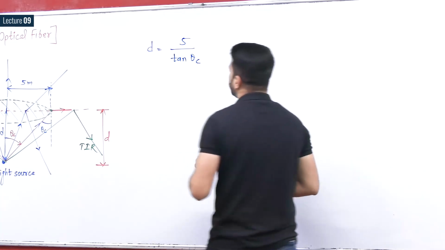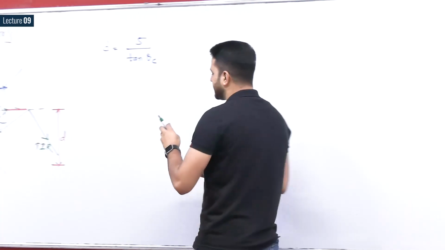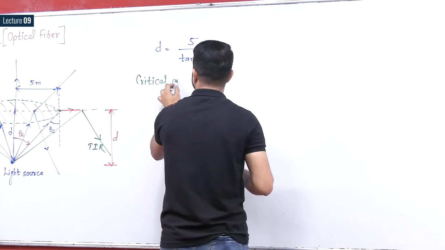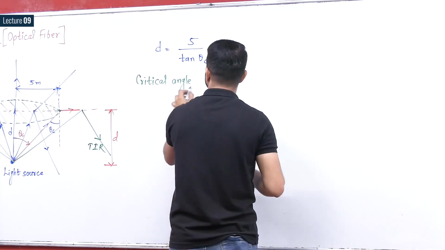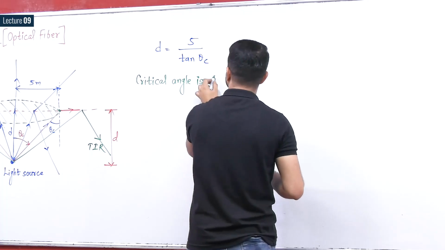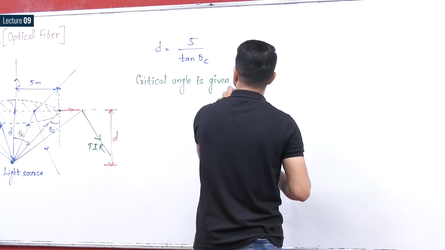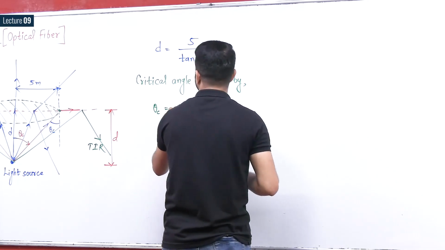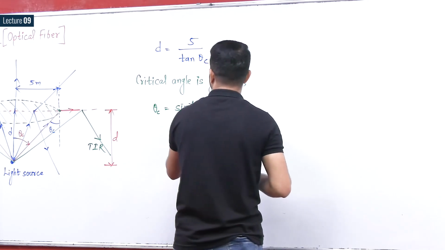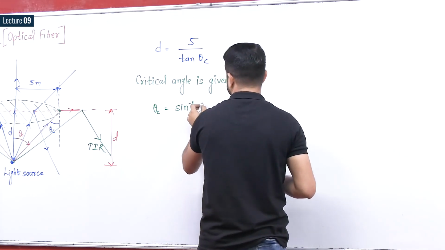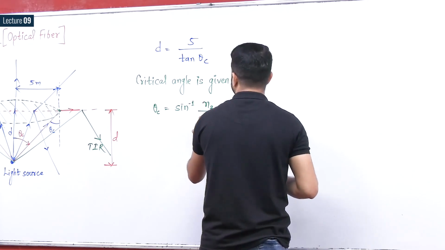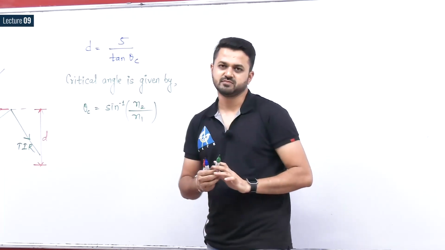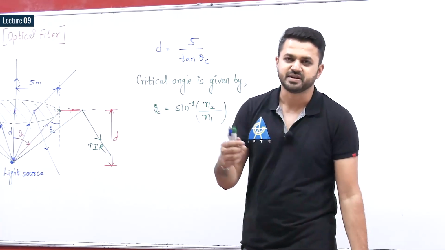So ultimately we have to find the critical angle. So what is the critical angle? This critical angle theta c is equal to sine inverse of n2 upon n1, that is the ratio of refractive index of the second medium to the first medium.